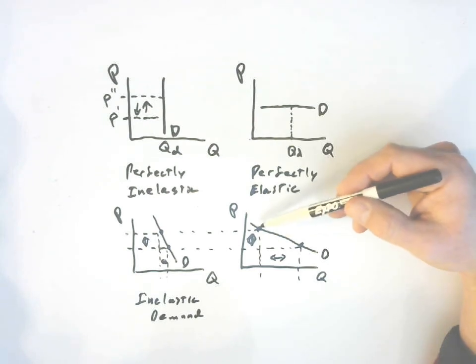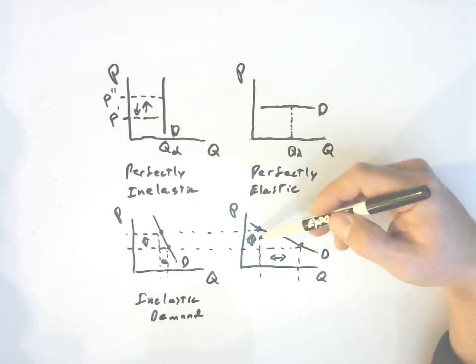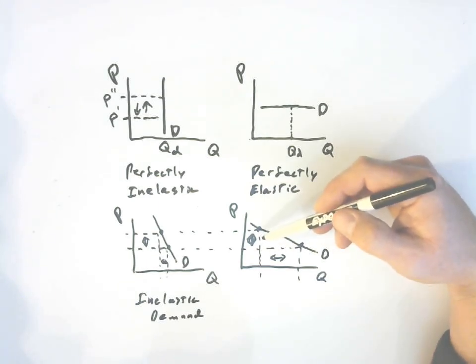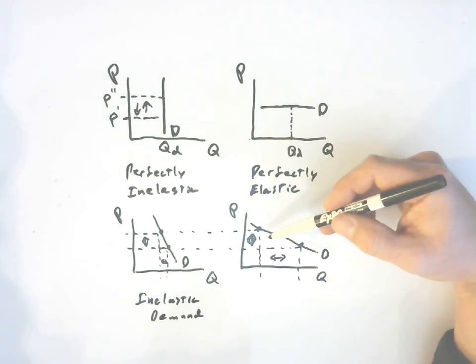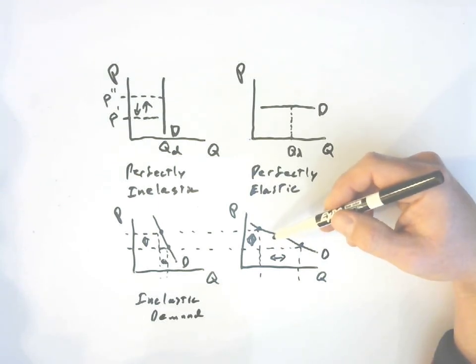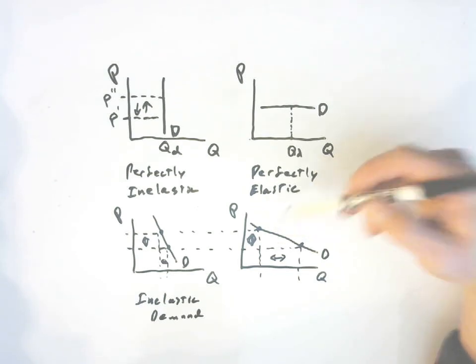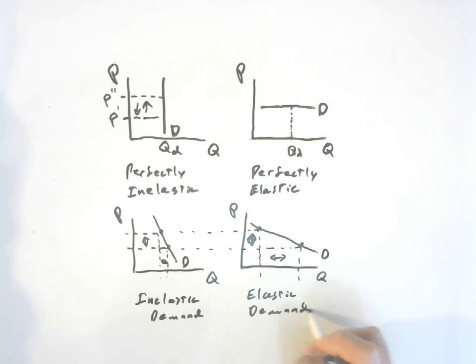There's a bunch of alternatives for just the candy bar. Well, if candy bars become more expensive relative to these other products, it takes no effort to reach over and grab a pack of mints instead, maybe. But that would be a case where people are relatively sensitive to a change in the price of the product, and we call this elastic demand.